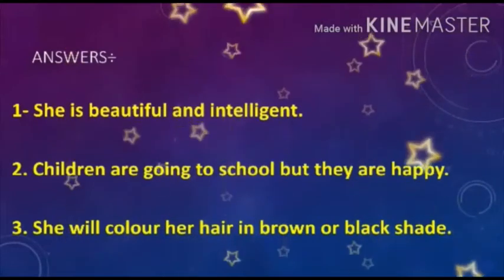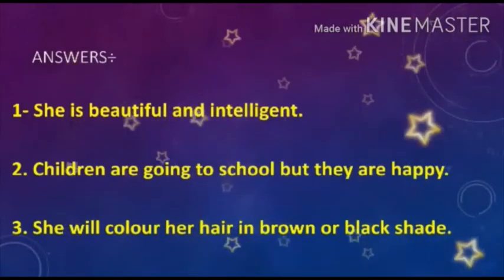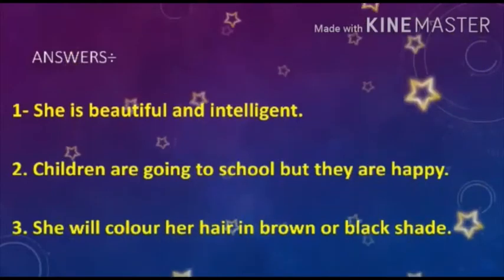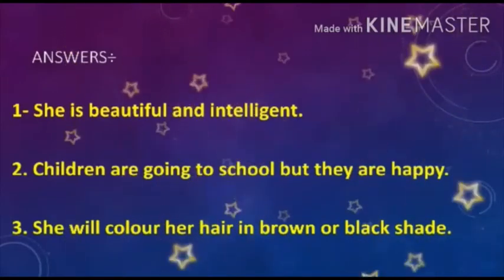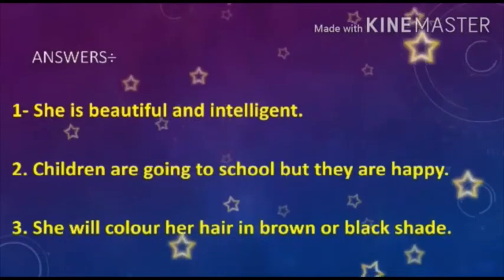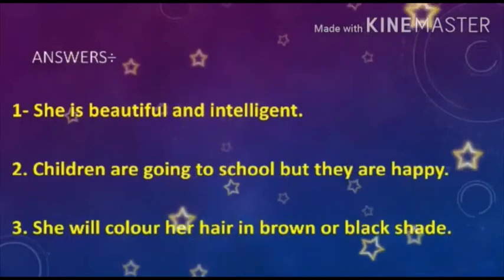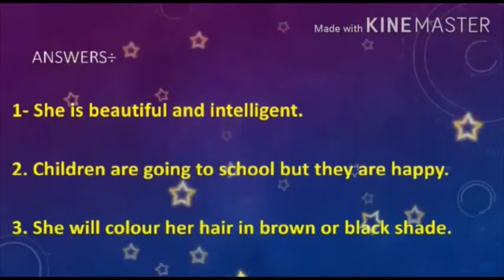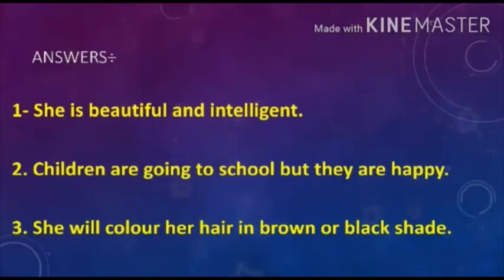Here we have to use the conjunction but because, as I told earlier, most of the time it is an opposite condition. So but is the right conjunction. The third answer is she will color her hair in brown or black shade. So here or is the correct conjunction. She has two options and she has to choose one of them.